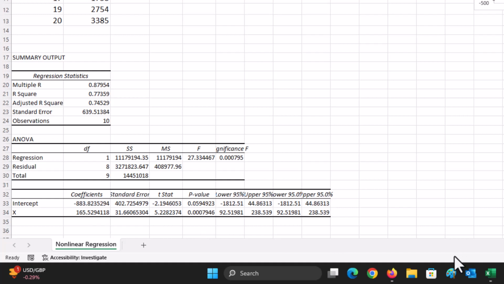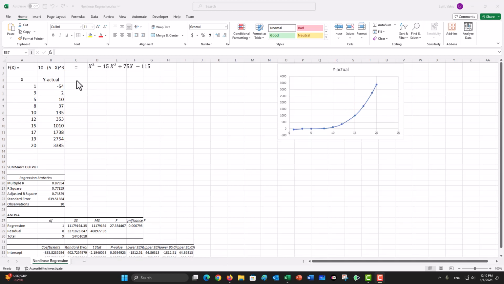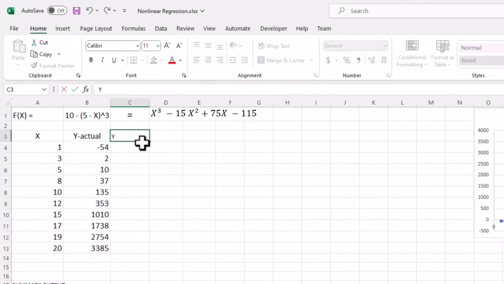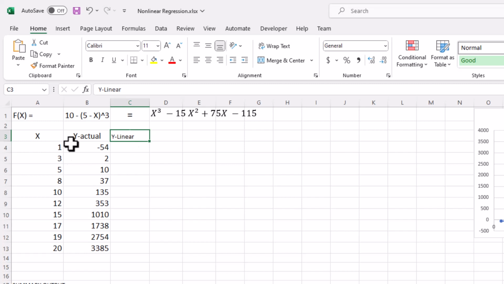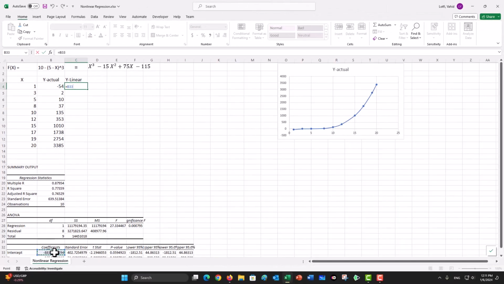I'm going to use the regression function equation to predict the y values and then plot the line. So for that purpose, I'll put predicted here, or this is going to be y, and I'll just call it linear, and put the formula in there, and this is going to be equal to the intercept, which is right here.